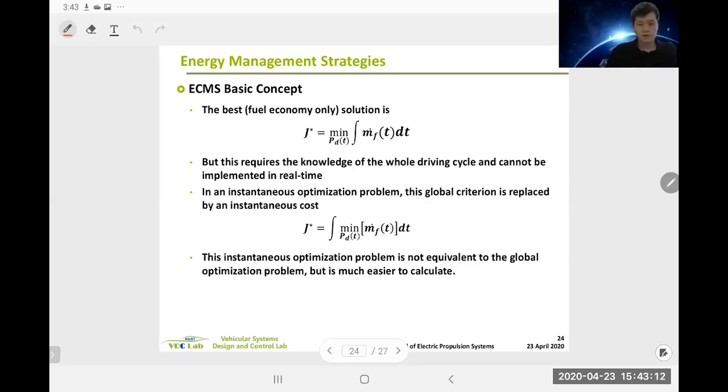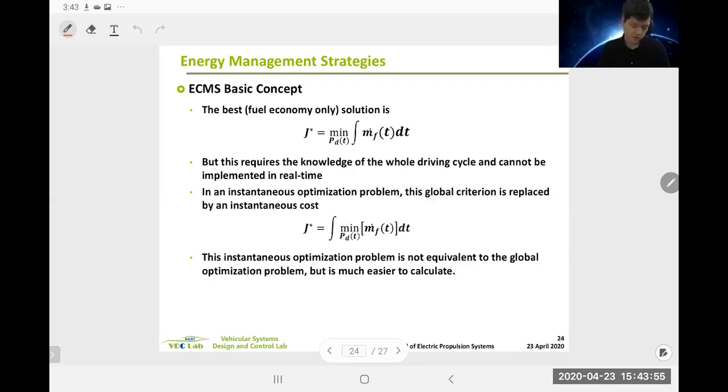So there are different optimal control theories to manage the energy of hybrid electric vehicle, okay, to optimize fuel economy. And ECMS is one of the simplest but effective and provides near optimal fuel economy while still providing some intuitive algorithm.